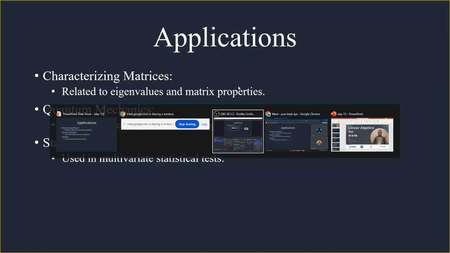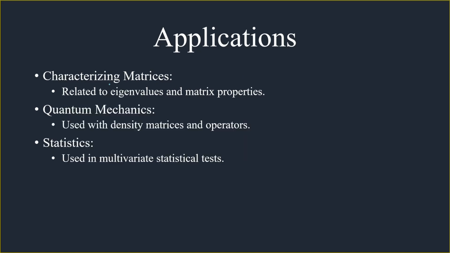What are the applications of these trace operators? It can be used for characterizing matrices, in quantum mechanics, and in statistics. In characterizing matrices, related to eigenvalues and matrix properties, we learned in our previous sessions how to find eigenvalues and eigenvectors, and how to find the matrix related properties, right?